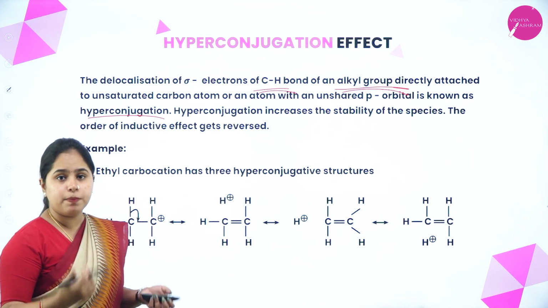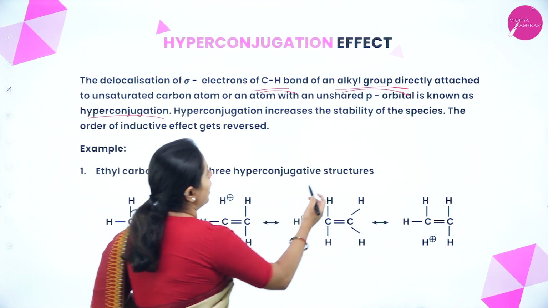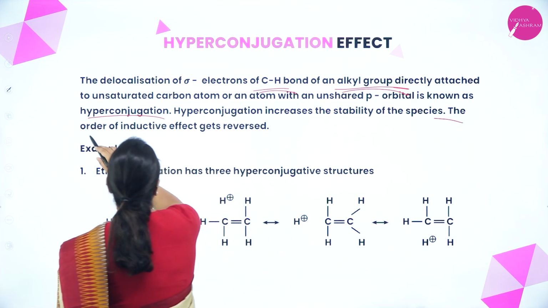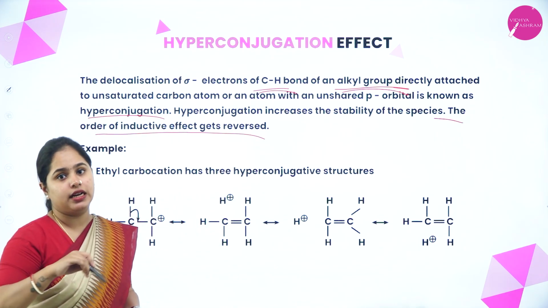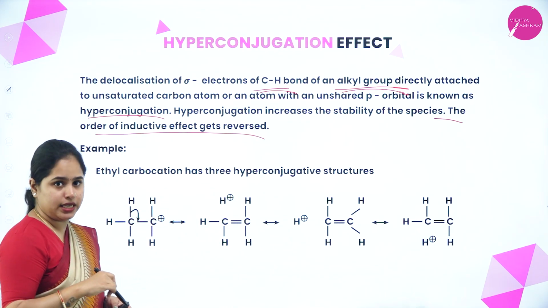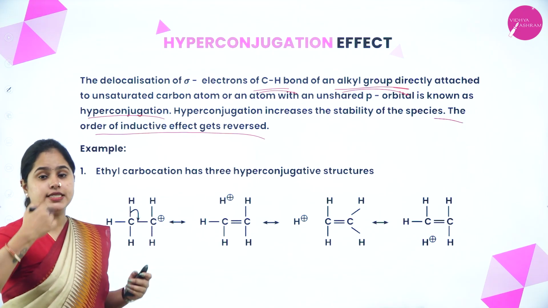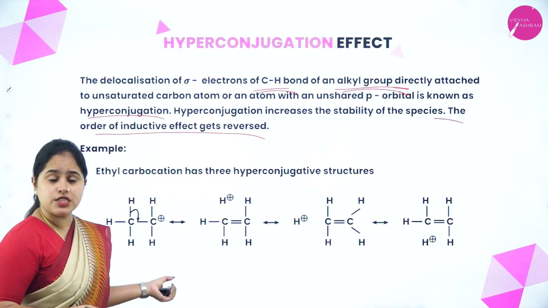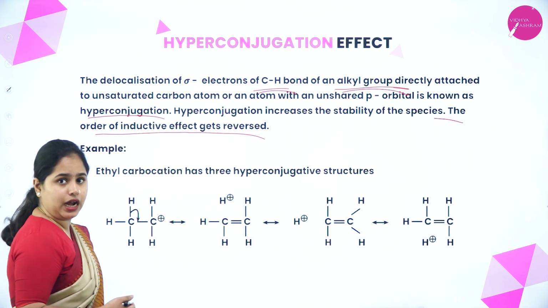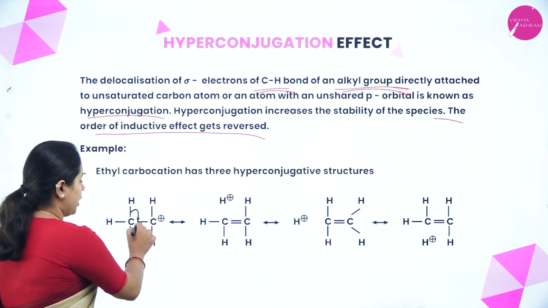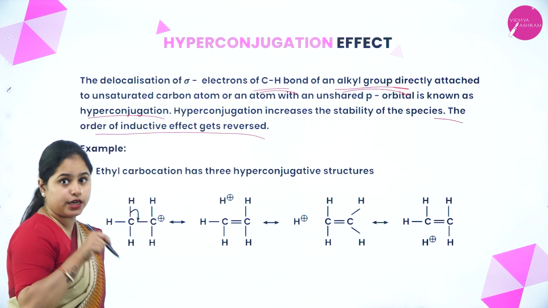Okay. So in hyperconjugation effect, what happens is the order of inductive effect will get reversed. As you can see here, the delocalization of sigma electrons from CH bond takes place. So in the first structure, it is an ethyl carbocation, right? So now this carbon is electron deficient.